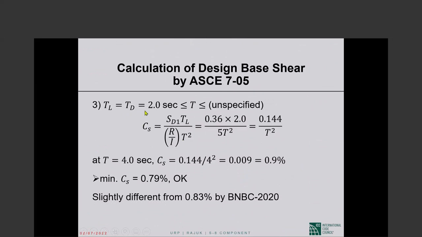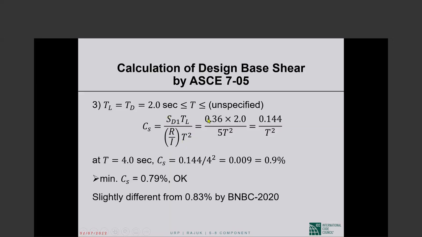So now beyond the long period transition period of 2 seconds, okay, in AC7 you can go as far as you like. In BNBC you are restricted to no more than 4 seconds. C sub S of AC7, this branch is defined by S sub D1 T sub L divided by R over I T squared.